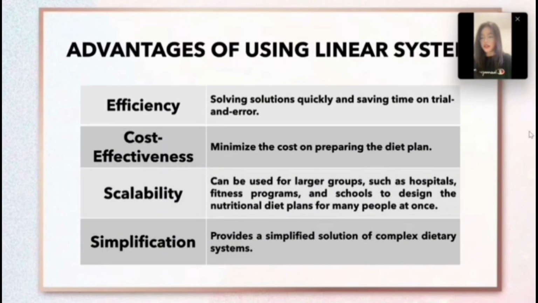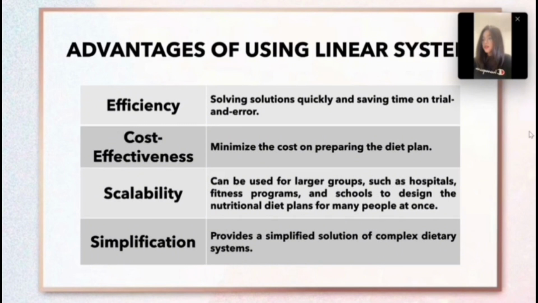In discussing the application of linear algebra in the field of nutrition and diet, we can understand the numerous advantages brought by linear systems and look forward to their future development potential in this field. Firstly, linear systems have demonstrated remarkable efficiency in practical applications.